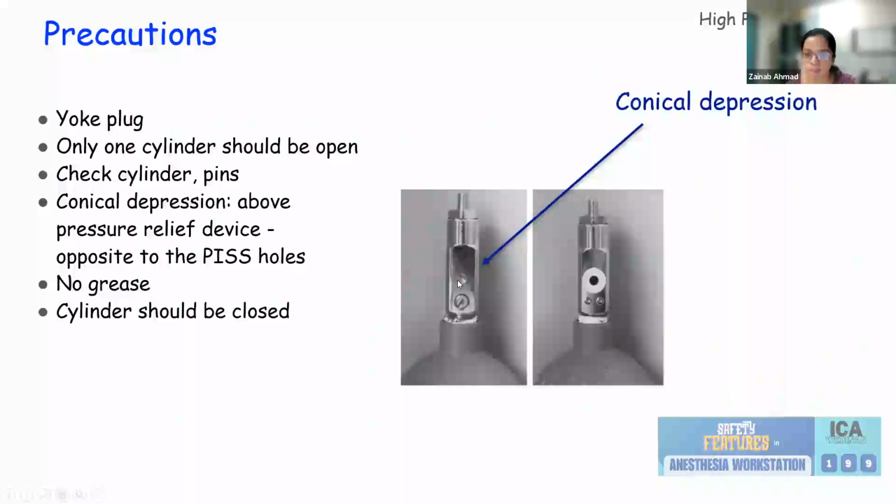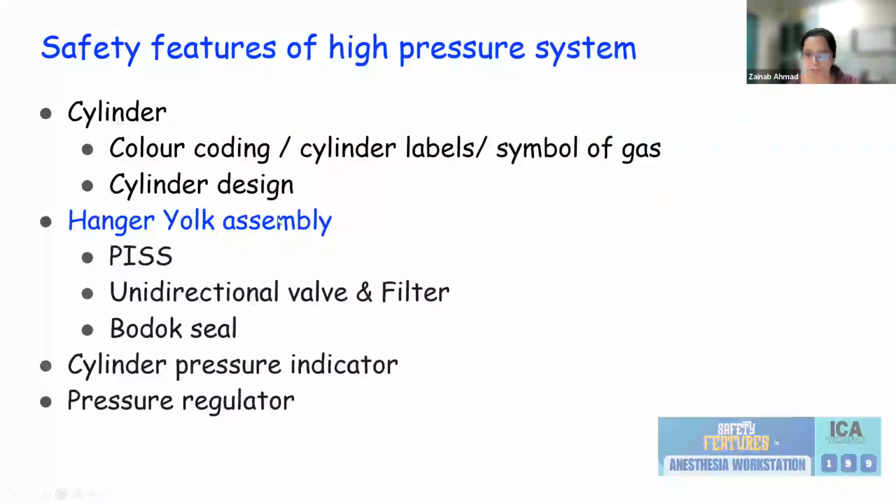So we should not be inserting the hanger yoke assembly into the opposite side, because if you do that, the cylinder might get damaged. There should be no grease while we're attaching, because grease can act as a flammable agent. Cylinder should be closed when not in use. And when there's no cylinder, it is recommended to attach a yoke plug so as to minimize the possibility of a leak.